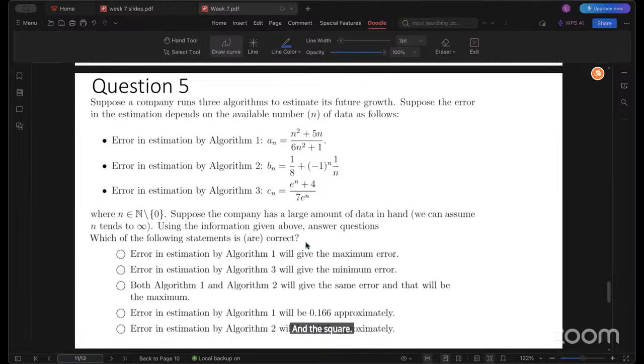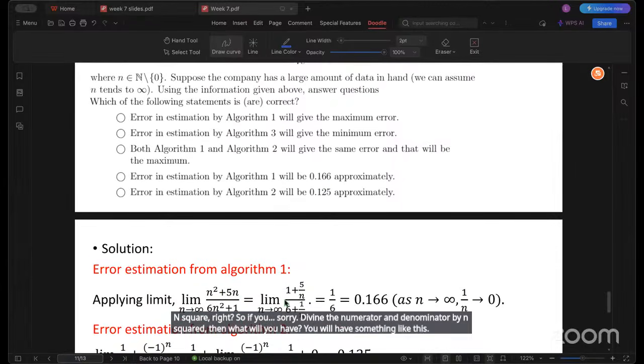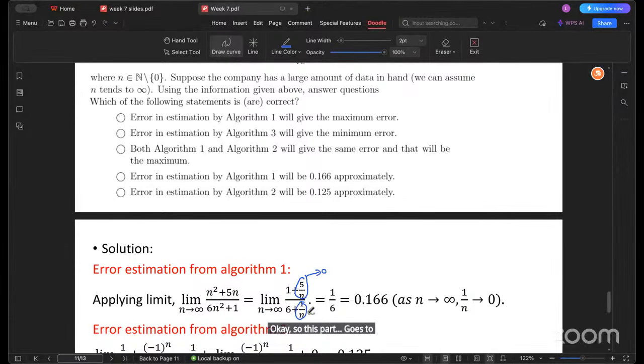If you divide the numerator and denominator by n square, then what will you have? You will have something like this: 1 plus 5 by n and 6 plus 1 by n. So as n goes to infinity, this part goes to 0. So this part goes to 0 as n tends to infinity. So you simply have 1 by 6. So this is the value. So this option is correct.